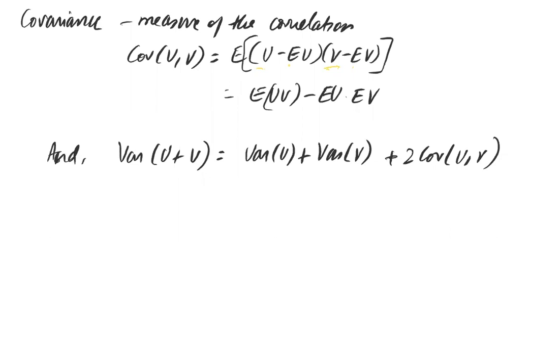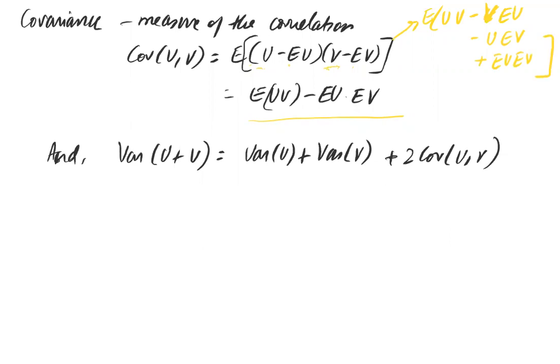What you can do is you can really open this up. Let's write this down. This particular format is also written as E of UV minus EU EV. So that is E of, we just multiply this. This is UV minus V EU minus U EV plus EU EV.